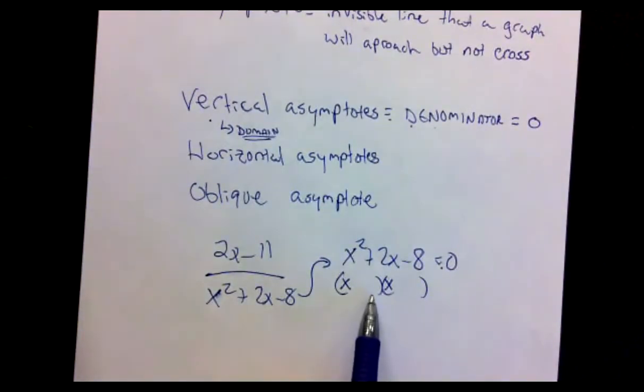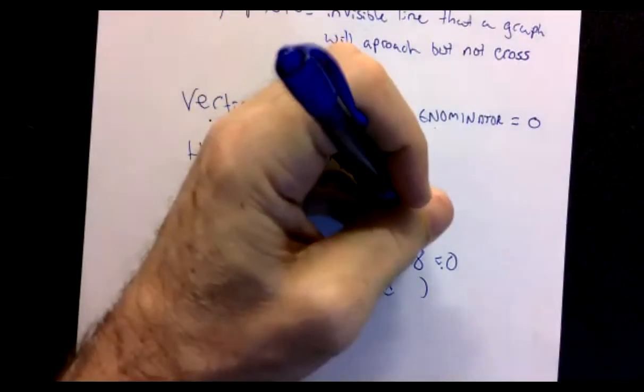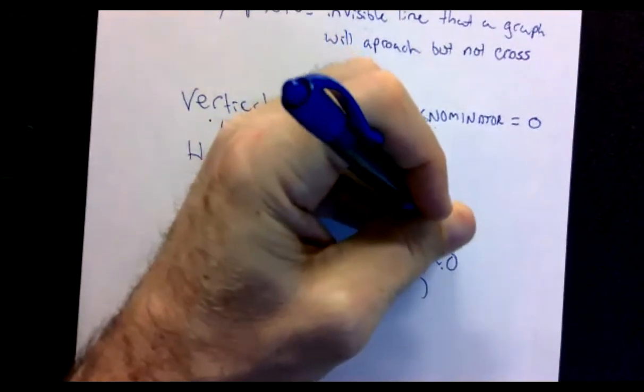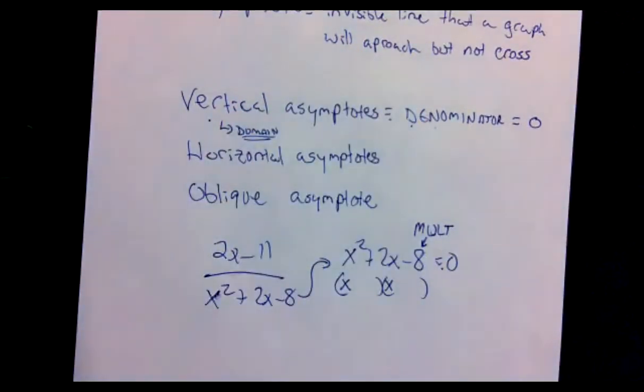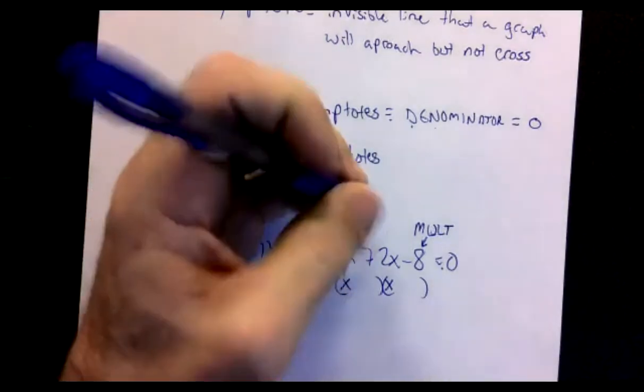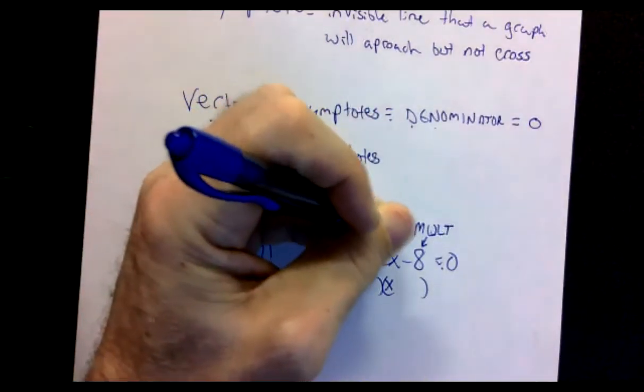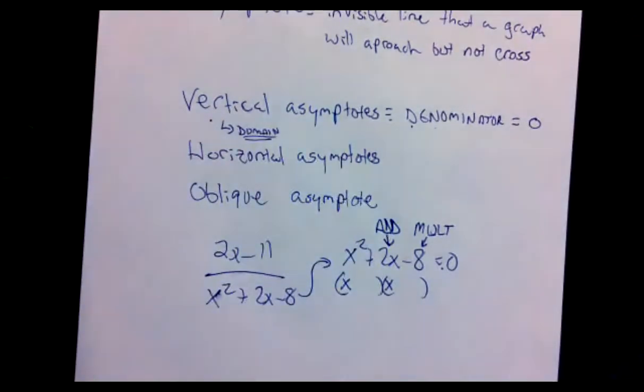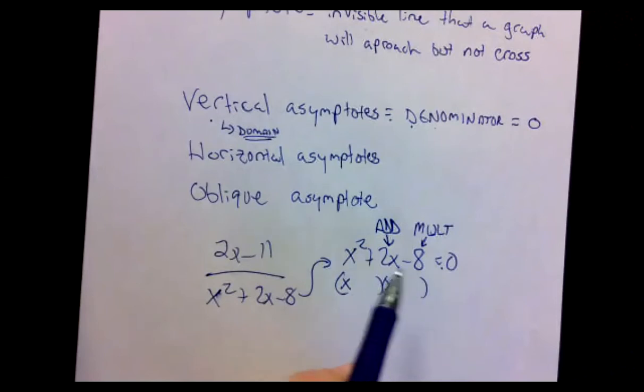So again, specifically, I'm looking for two numbers. I need to know what two numbers multiply to get -8, but also add to get +2. So again, numbers that multiply to get -8 are 1 and -8, 2 and -4, or 4 and -2.